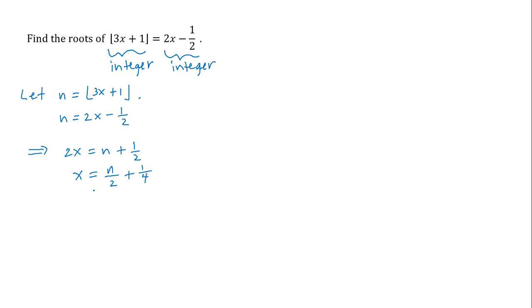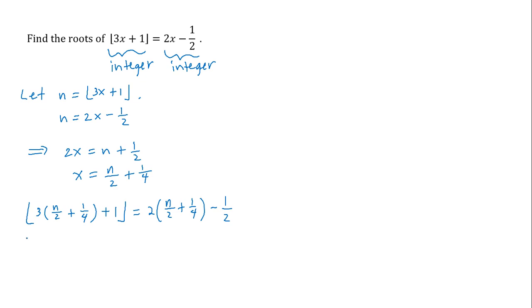If we are going to substitute this one in the original equation, we must get the floor of 3 times (n over 2 plus 1/4) plus 1 equals 2 times (n over 2 plus 1/4) minus 1/2. Now let's simplify this.